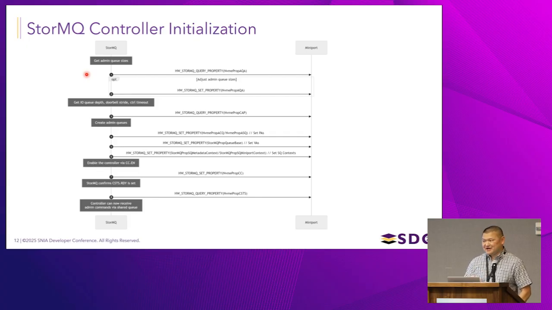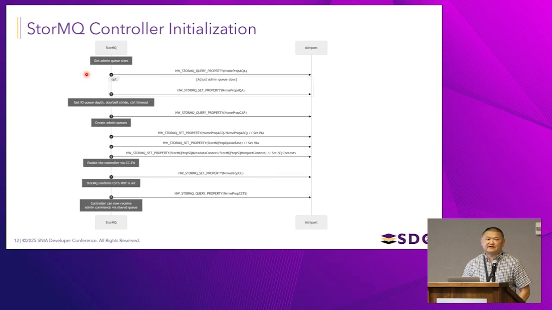The StoreMQ code will also query the miniport for information about the supported IOQ depths, the doorbell stride, and the various controller timeout values. Then it will create the admin queue. Once the admin queue is created, it will share information about both the physical and virtual address with the miniport.